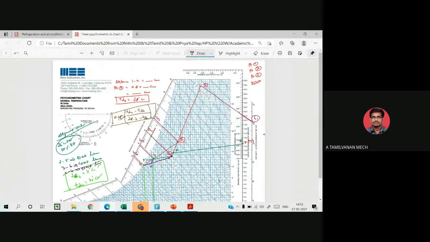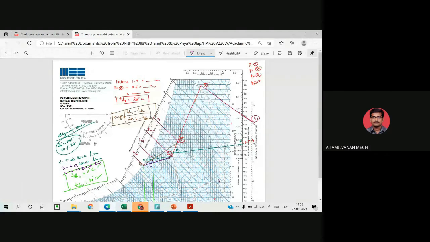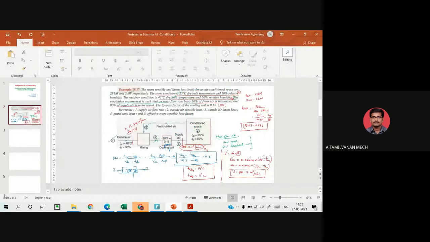This specific volume line may be like 0.90, 0.92. So exactly the specific volume is 0.92 meter cube per kilogram. So we know volume, we know specific volume, and from that we are going to find the mass flow rate.